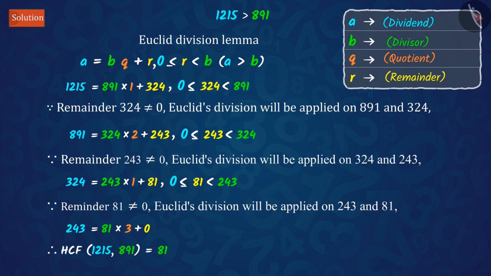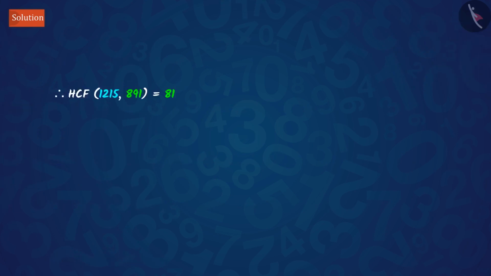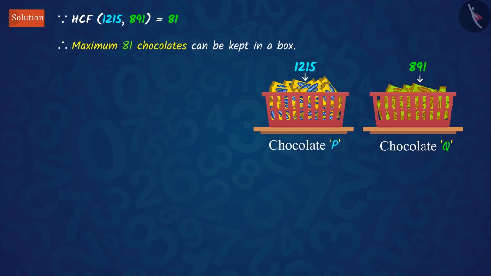Since the divisor at this stage is 81, which is the HCF of 1215 and 891, maximum 81 chocolates can be kept in a box out of chocolate P and chocolate Q.